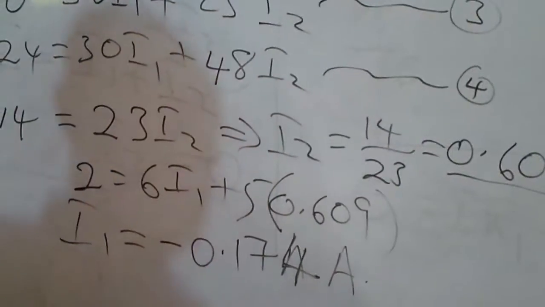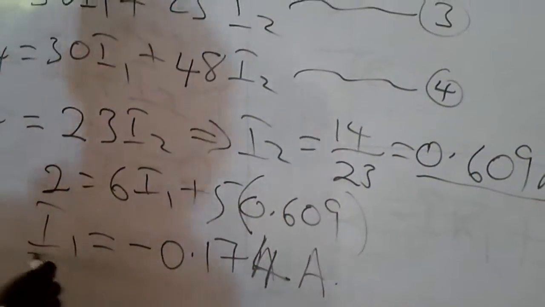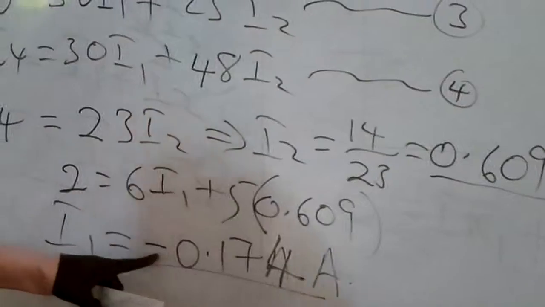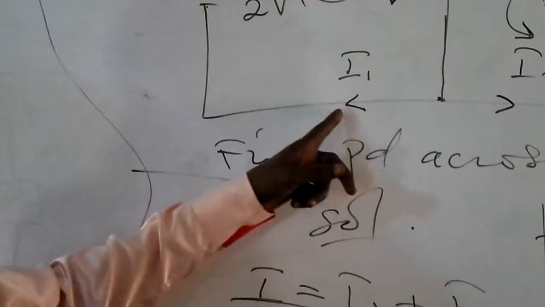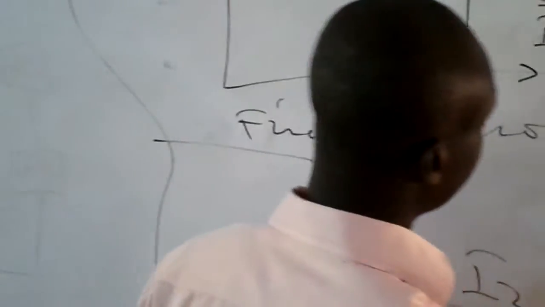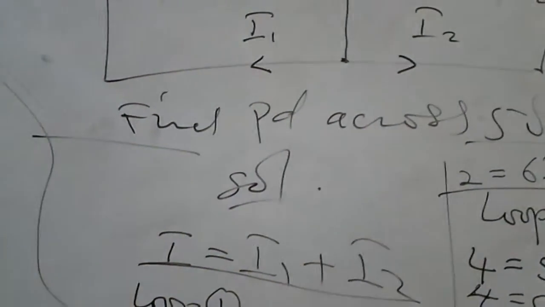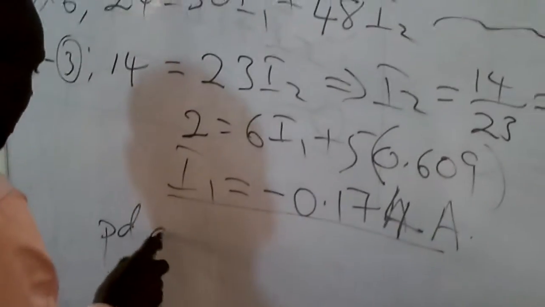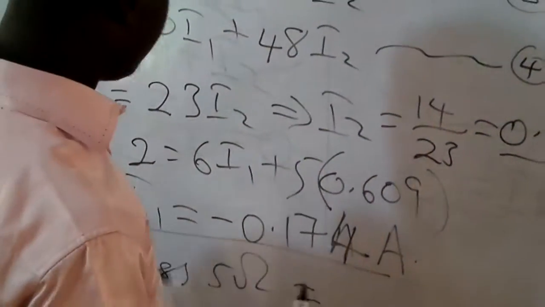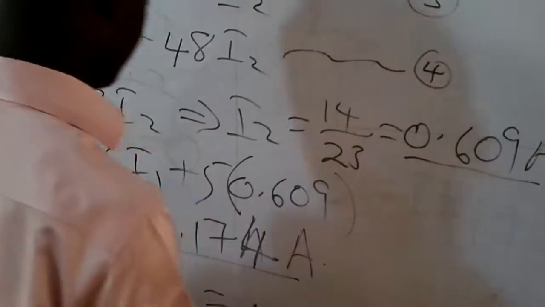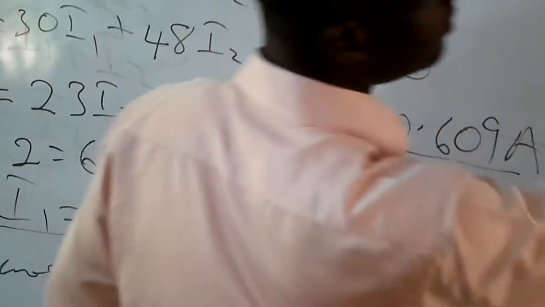amperes. The negative sign we have got here is telling us that I1 should move in the opposite direction to the direction shown in the circuit. That's the reason why we got this negative sign. From the question, we have been asked to solve for the PD across the 5 ohm resistor. So the PD across the 5 ohm resistor is supposed to be equal to I multiplied by 5 ohm.